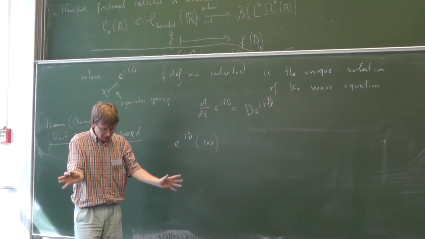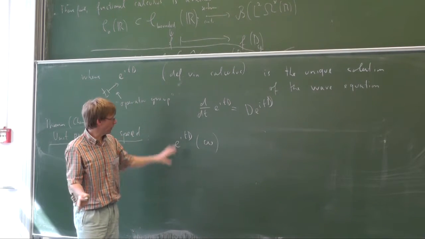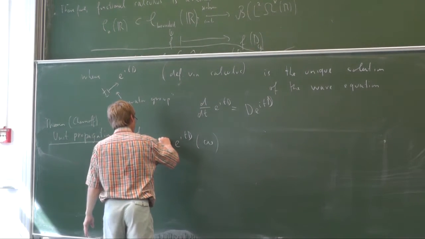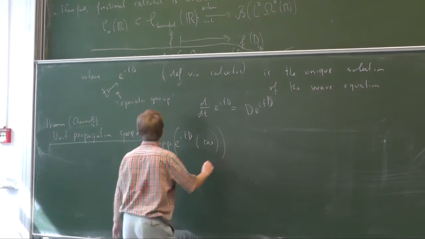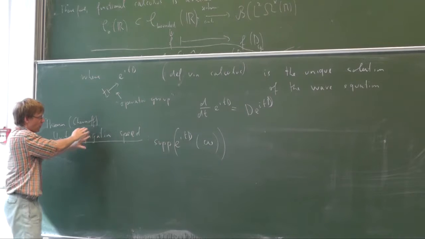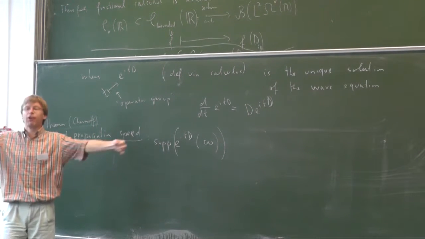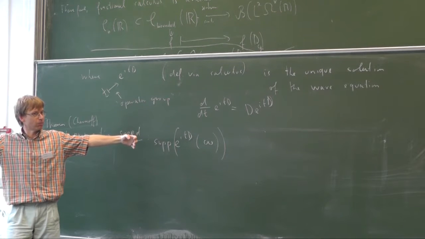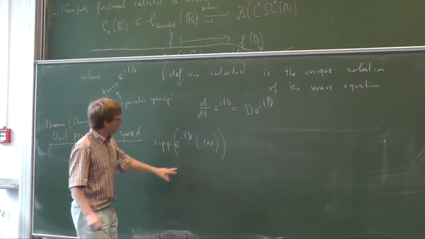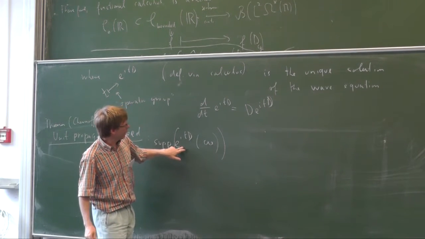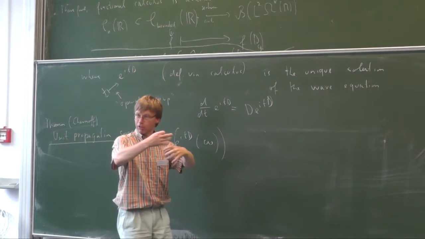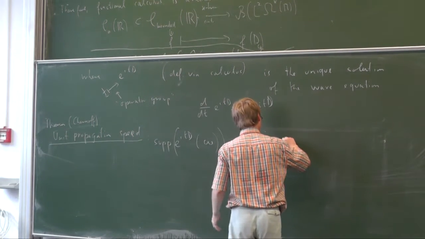we take a section of the form bundle, we apply this operator to it, we look at the support of this function. If we think about propagating, we can take a function and look at how much it spreads. That's what propagation means. So we compare the support after applying the operator to the support of the function we started with.